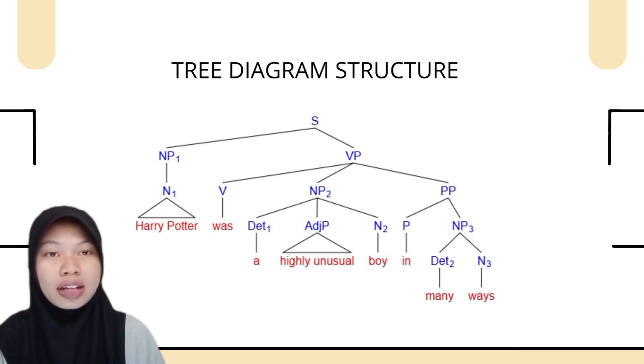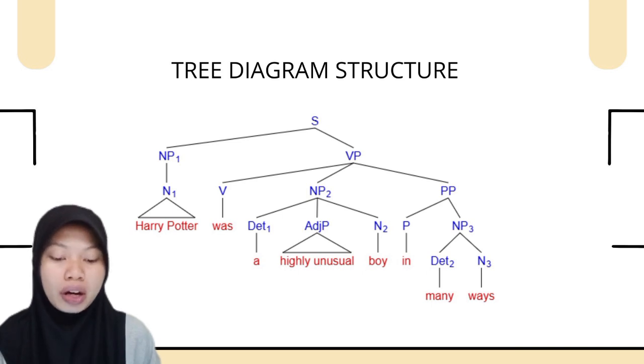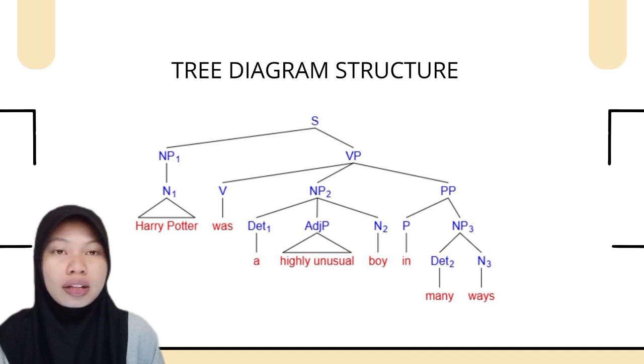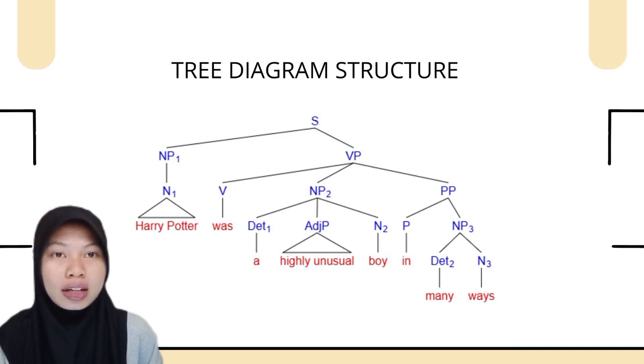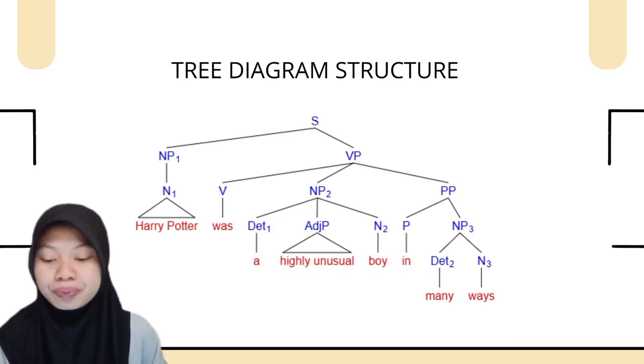It is divided into two main parts, that is a noun phrase NP1 and a verb phrase VP. Next is NP, the noun phrase as the subject, which contains a noun, Harry Potter. This is the subject of this sentence, or the person the sentence is about.